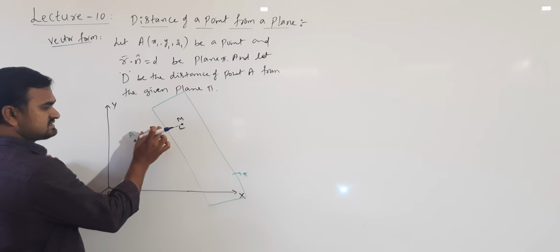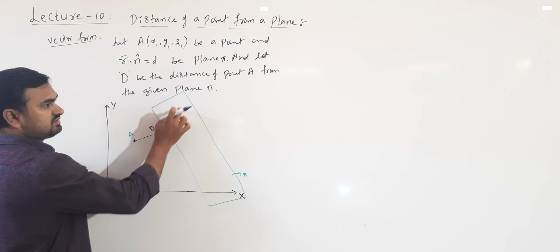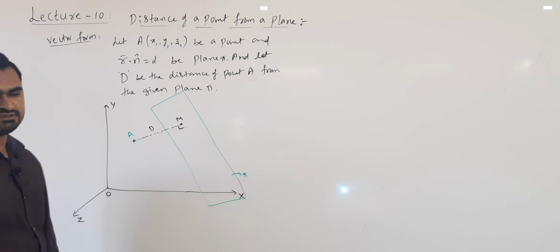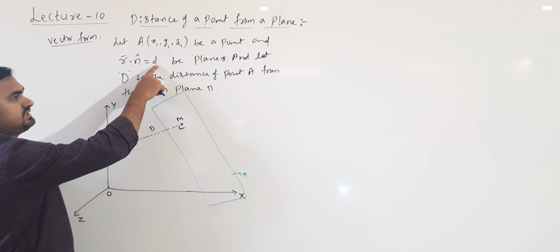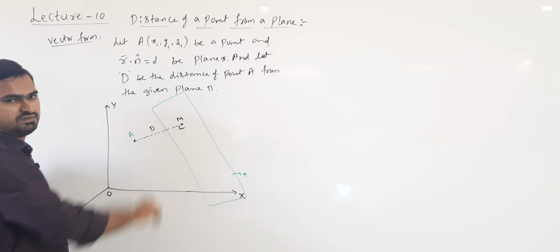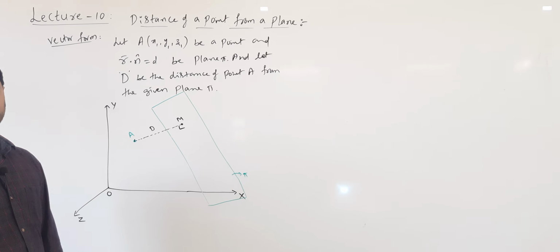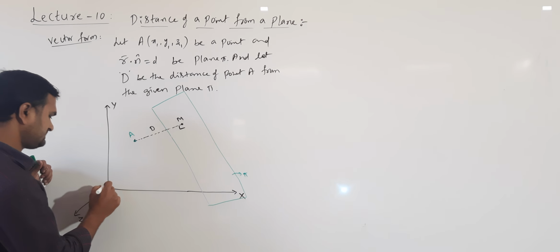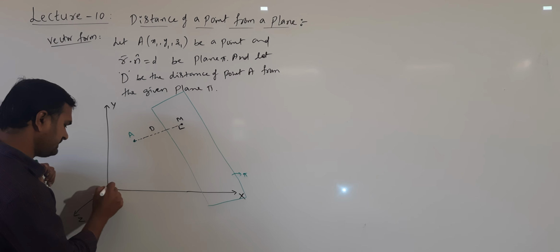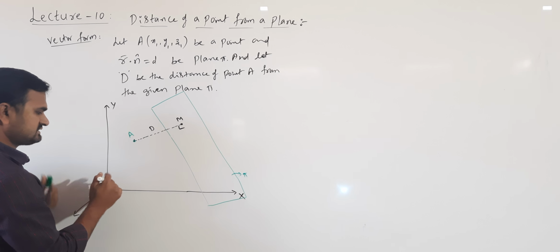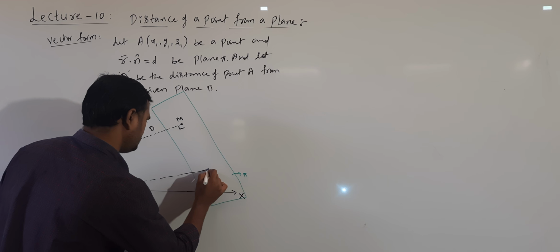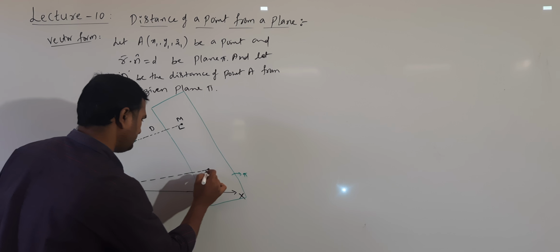Now how do we find this distance D here? The plane equation is r bar dot n cap is equal to d. What r bar dot n cap is equal to d indicates is distance. d is the distance of the plane from the origin because it is in normal form. So we know the distance of this plane from the origin. Again, distance means we have to consider the perpendicular distance.